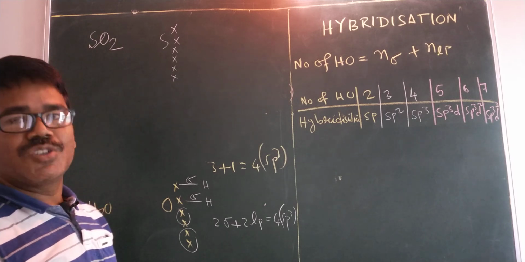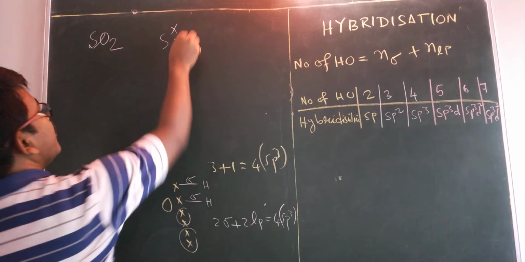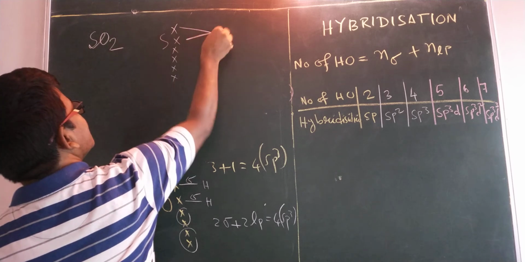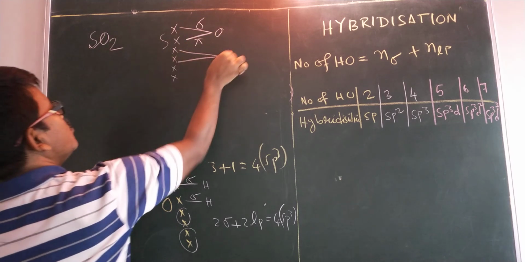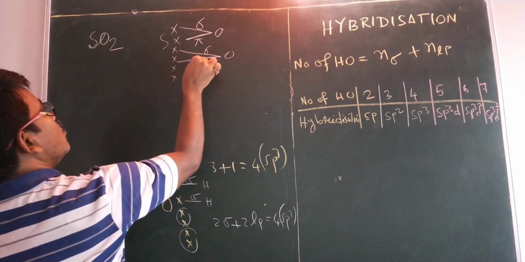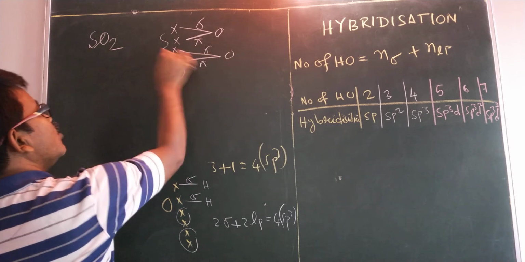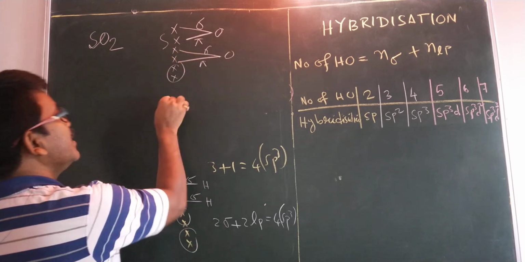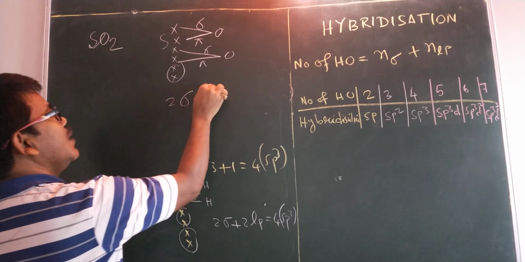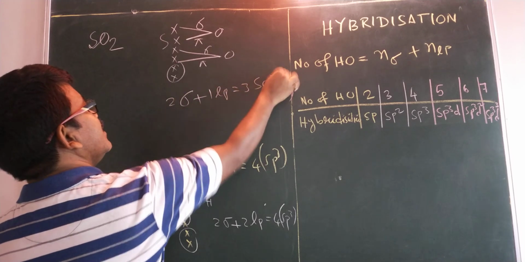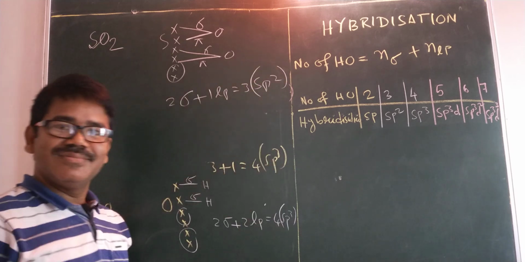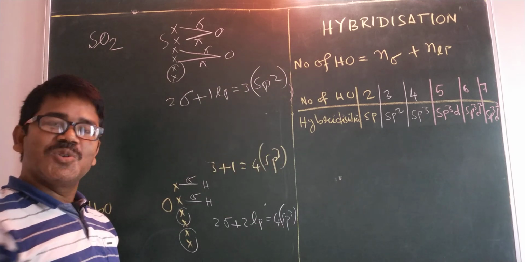It will form 2 bonds, 1 sigma, 1 pi. Each oxygen will form 2 bonds, 1 sigma, 1 pi. And that is the lone pair. Therefore, here there are 2 sigma bonds and 1 lone pair. 2 plus 1, that is 3. 3 means what is the hybridization? sp2. Clear? So simple.